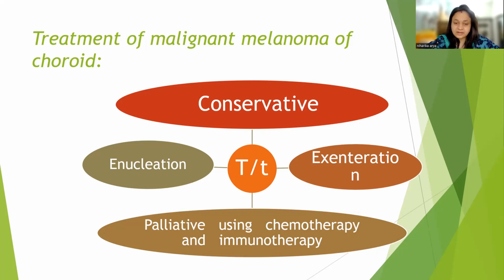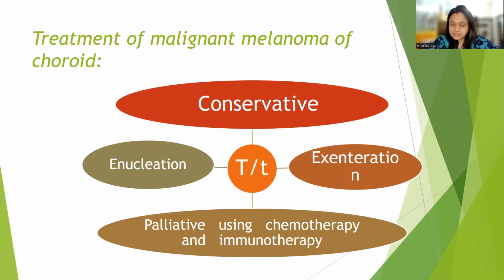And third is the palliative treatment using chemotherapy and immunotherapy. This is only palliative, and it should be started after the enucleation or the exenteration. So the treatment of malignant melanoma of the choroid is conservative or enucleation.